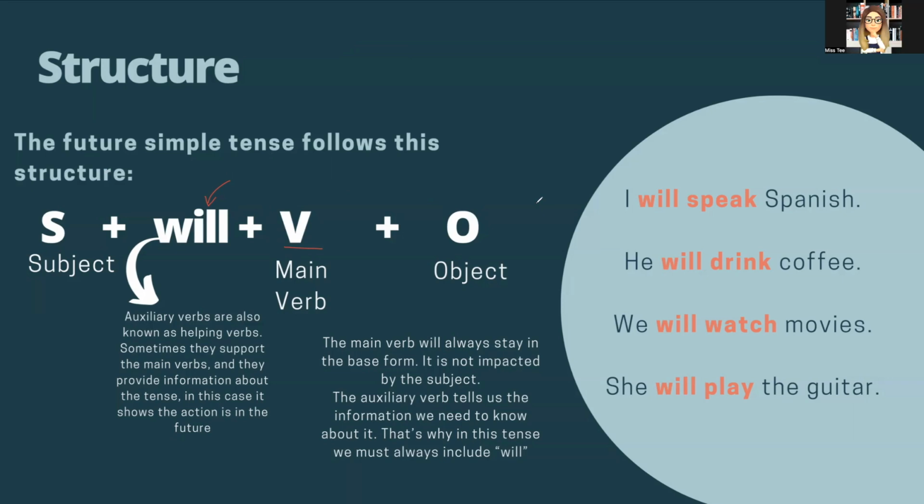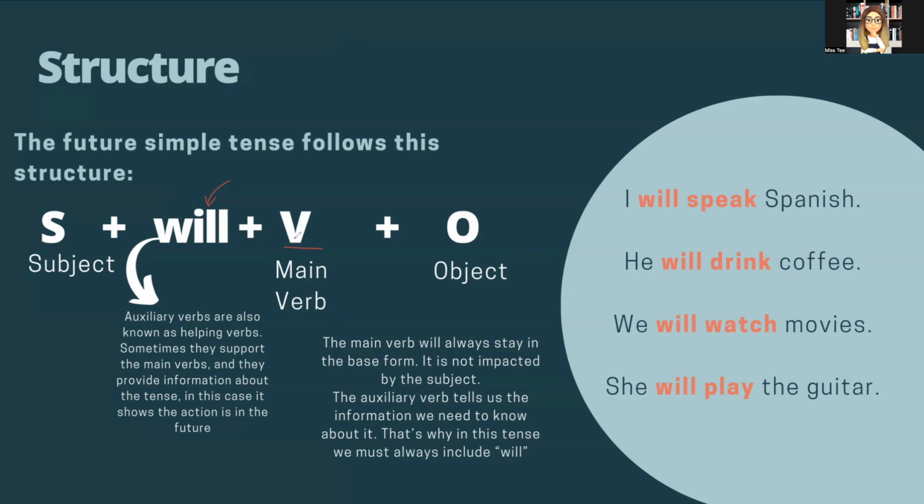You can't put it after the object, before the object, or after the main verb. You can't mix up the order, because then your sentence is not going to make sense anymore. You have to keep the order just like this. That is a really, really important thing to remember.